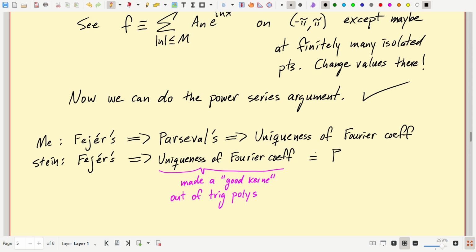So I prefer my way of looking at it. But I think the reason Stein did it that way is because he wanted to demonstrate the whole business about good kernels, because he was going to use it in the coming chapters. And we're still using it. So it's not a waste of time, but I found my way speedier and easier. Anyway, if you notice that, that's what happened.